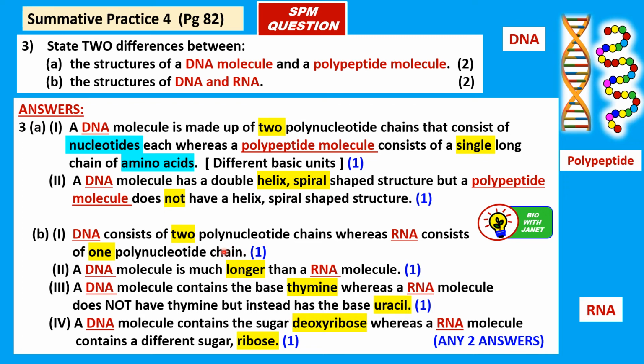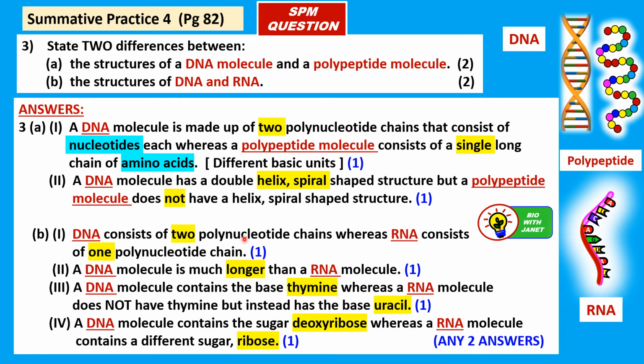Now, the first one is DNA consists of 2 polynucleotide chains, as shown here, that are twisted around each other. How about RNA? Can you imagine how an RNA molecule, or an mRNA molecule, looks like? Yes, it looks something like this. It's single-stranded.